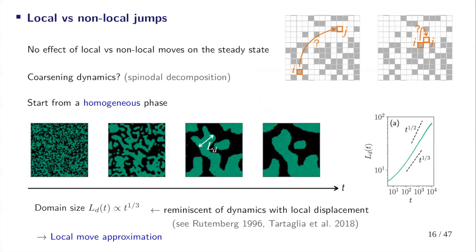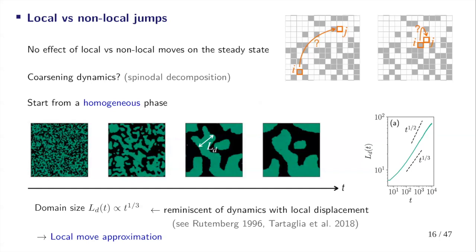So we don't have tools. We don't have hydrodynamic equations, or it's difficult to analyze these hydrodynamic equations where you have a motion of infinite range. Okay, so maybe the fact that the jump range is infinite is not that important. And also the fact that there are no macroscopic fluxes in the stationary state shows that the dynamics in the stationary state might not be that important.